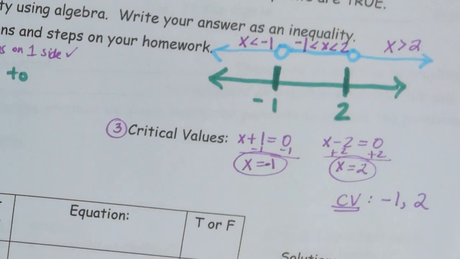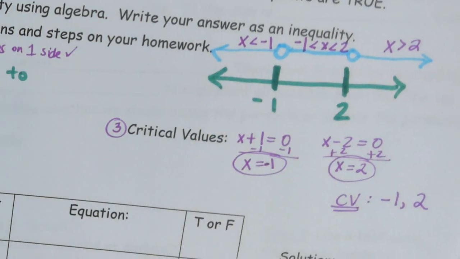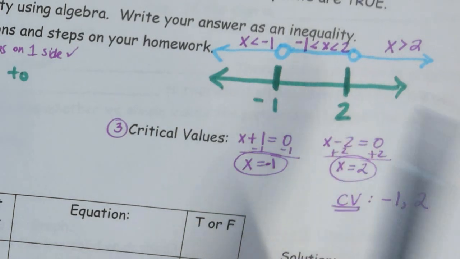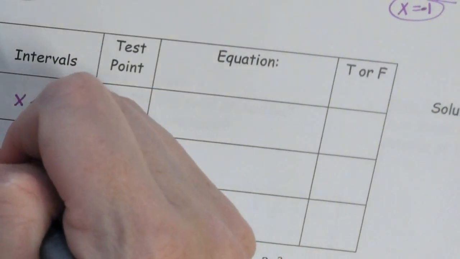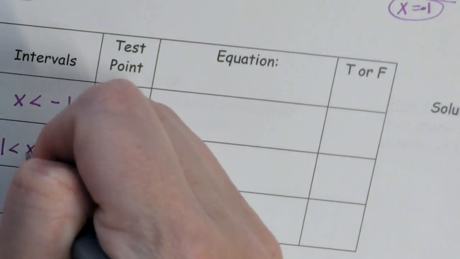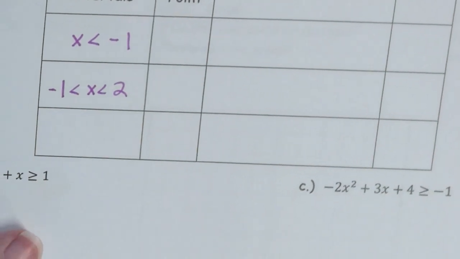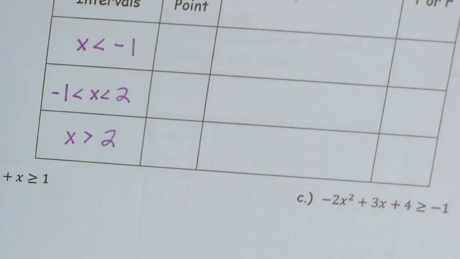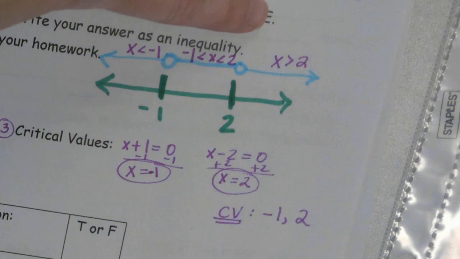Again, the critical values are what divides this into 3 different parts. So you should have 1, 2, 3 intervals, and then we're going to put them in our chart. So 1, and then here's the second one: -1 is less than x, which is less than 2. And then the third one is x is greater than 2. I just got those right from here.